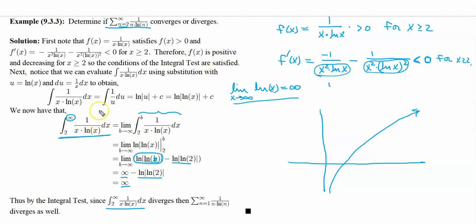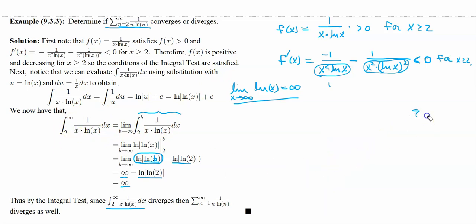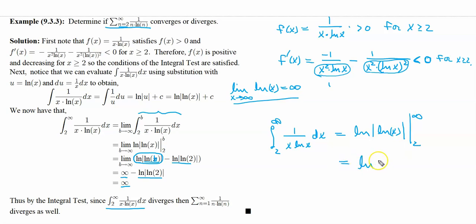And let me just point out one little shortcut here in evaluating this integral. Just like the previous problem where we saw with the arctangent, once you understand that the antiderivative of this is the natural log of the natural log, you could say the integral from 2 to infinity is the ln, absolute value ln of x, evaluated from 2 to infinity.